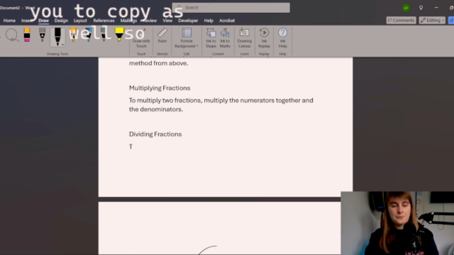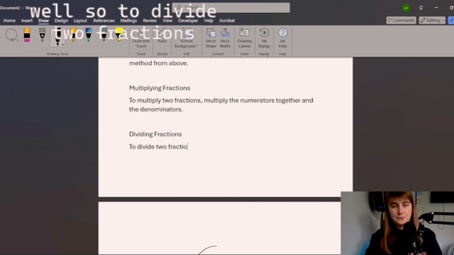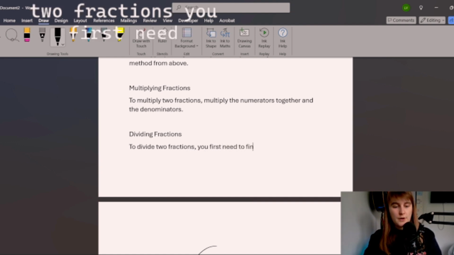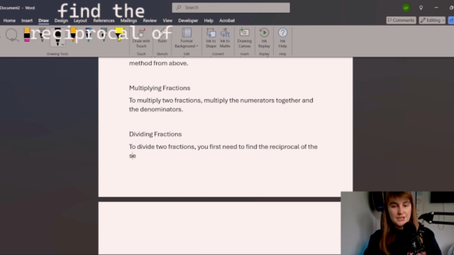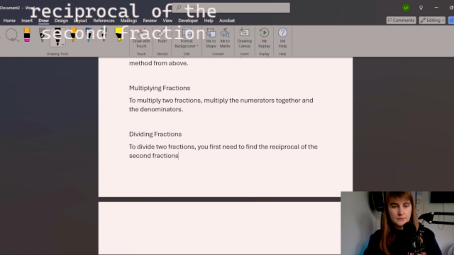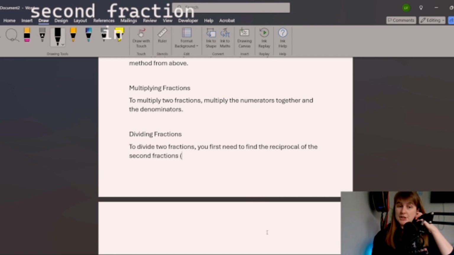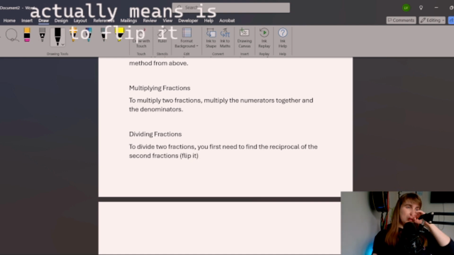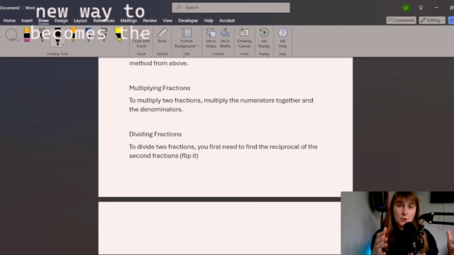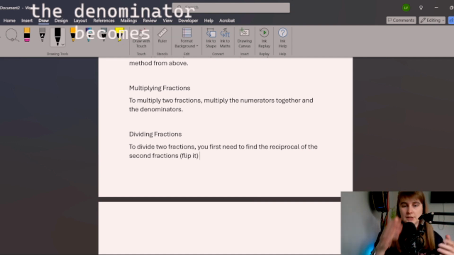So to divide two fractions, you first need to find the reciprocal of the second fraction. In brackets, what the reciprocal actually means is to flip it. So the numerator becomes the denominator and the denominator becomes the numerator.